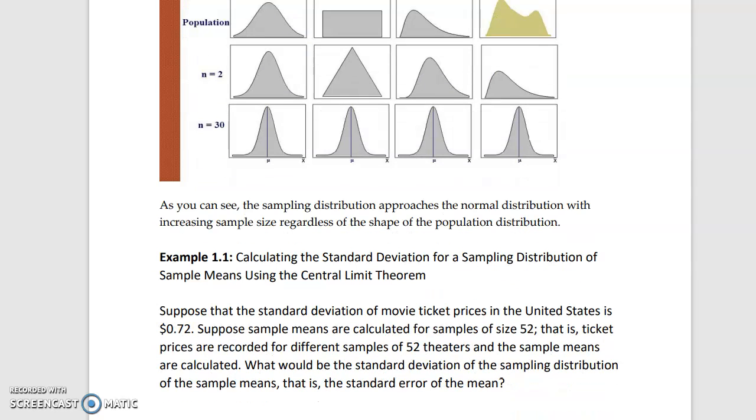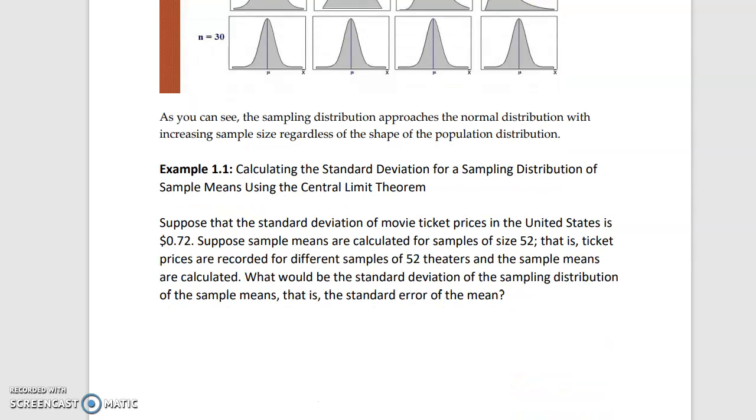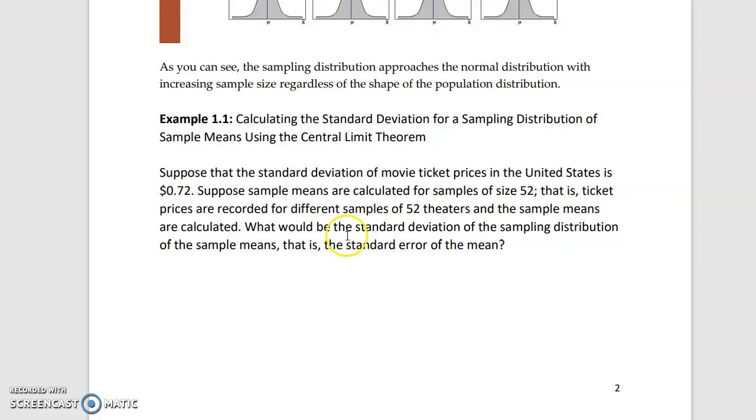Actually, let's look at example 1 before the video finishes. Example 1 says calculate the standard deviation for a sampling distribution of sample means using the central limit theorem. So here's what we have in this example. The population standard deviation, sigma, is 0.72.